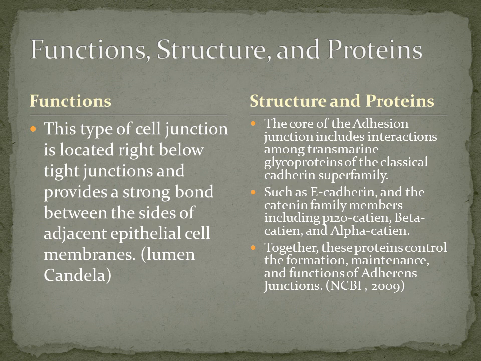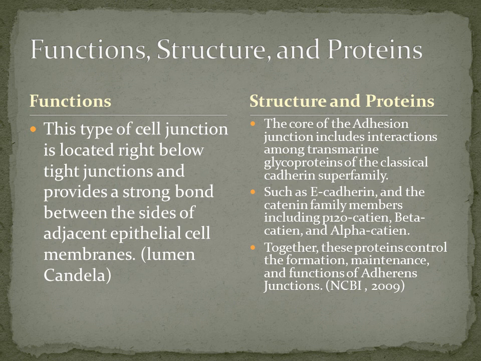As far as the structure, the core of the adhesion junction includes interactions among transmembrane glycoproteins of the classical cadherin superfamily, such as E-cadherin, and the catenin family members including p120-catenin, beta-catenin, and alpha-catenin. Together, these proteins control the formation, maintenance, and functions of all adherens junctions. And that was provided by NCBI.